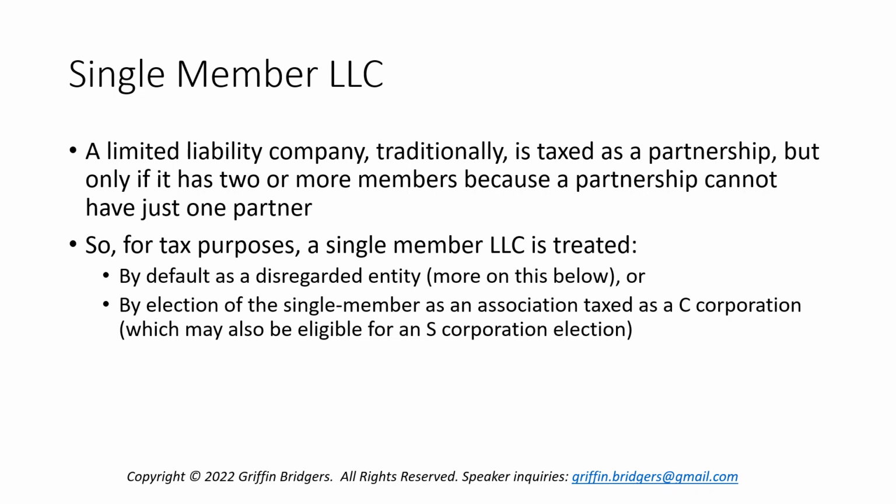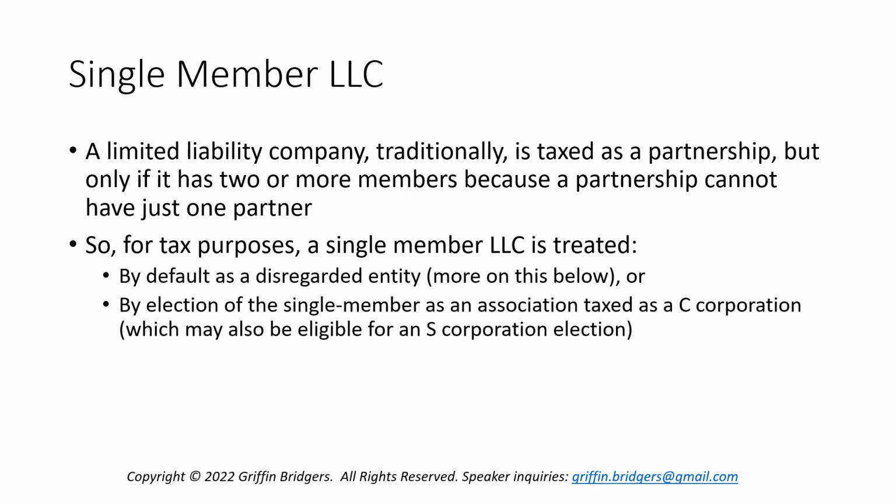So what this means is that for tax purposes only, income tax specifically, a single member LLC will be treated by default as what's known as a disregarded entity. We'll see what that means below, but you also have the option with a single member LLC to make an election to have it taxed as an association, which is essentially taxed as a C corporation.